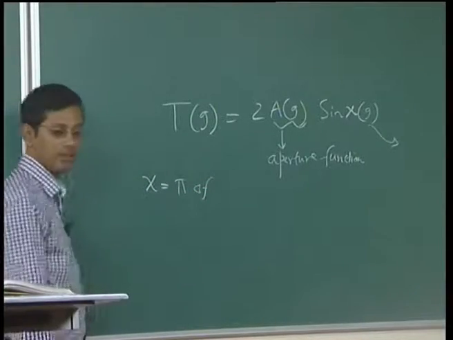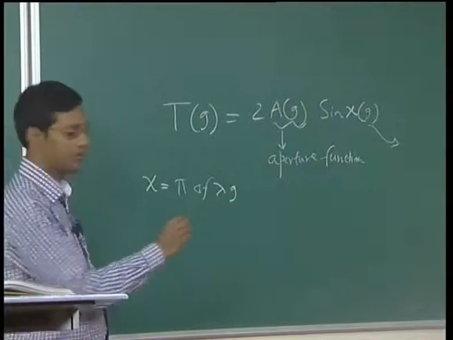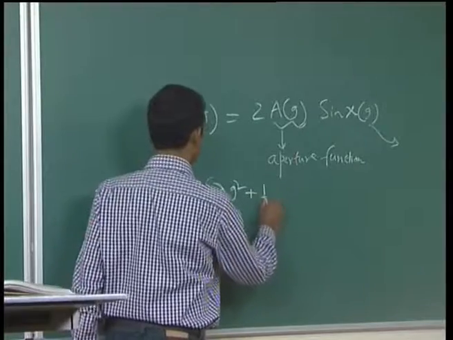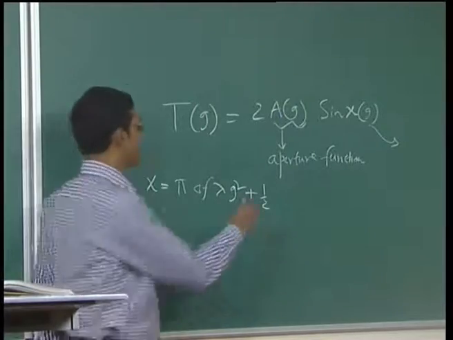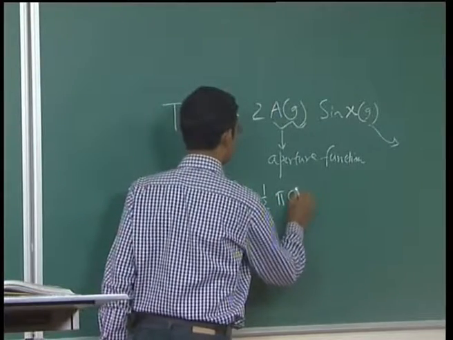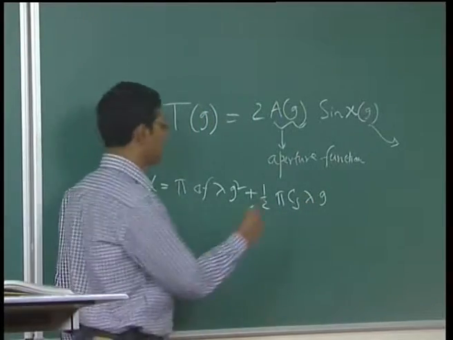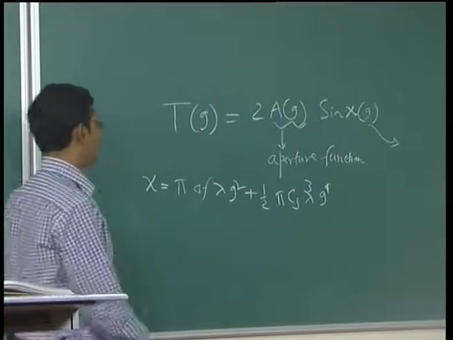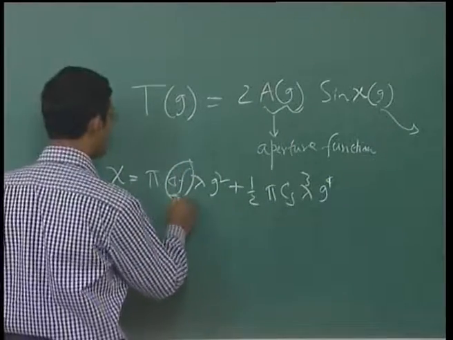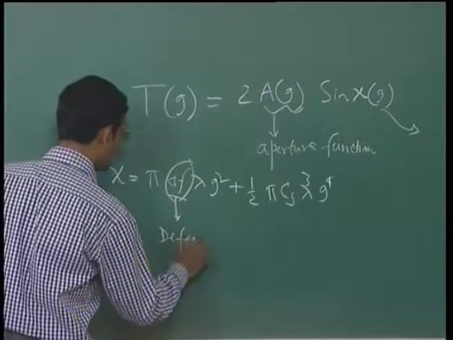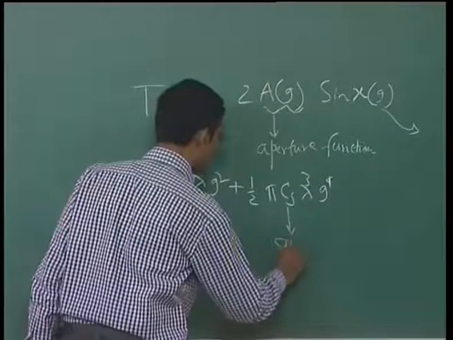defocus as well as the Cs, the spherical aberration constant, so therefore the factors which control the contrast transfer function are the defocus and the spherical aberration constant of a microscope.